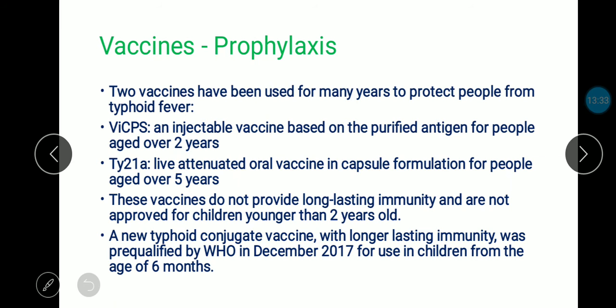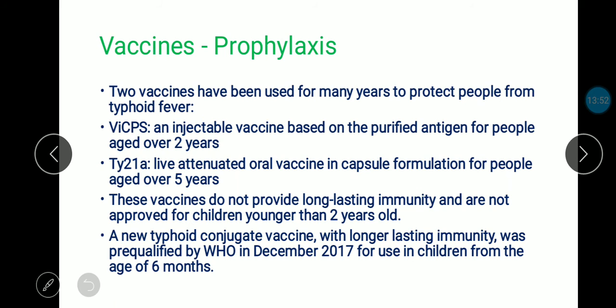Another vaccine is Ty21a. It is an attenuated oral vaccine in capsule. This capsule formulation is for people aged over 5 years.